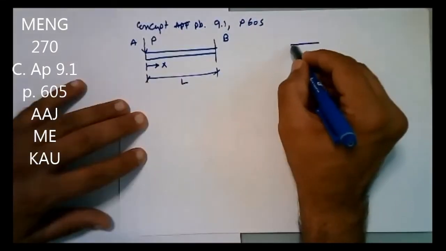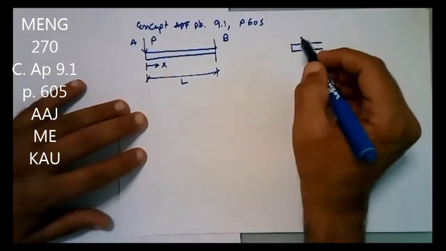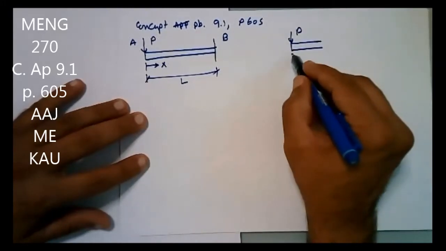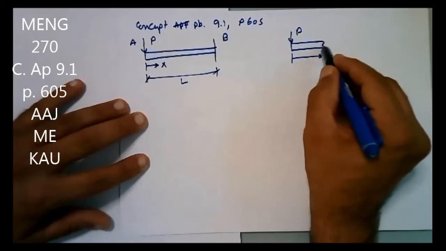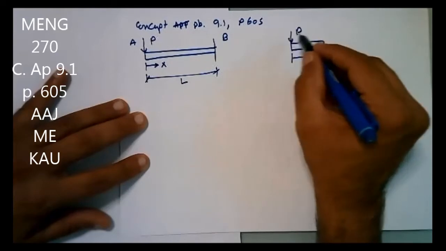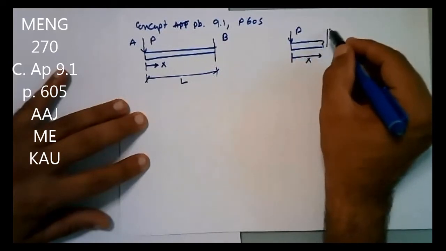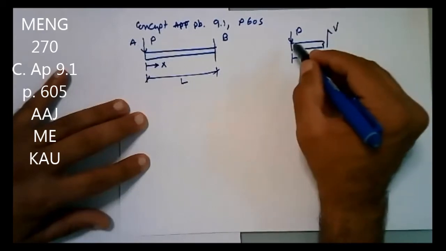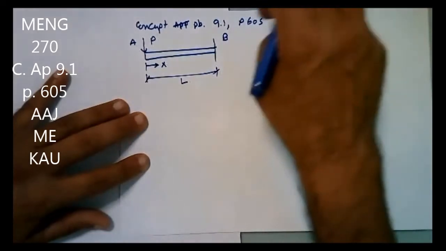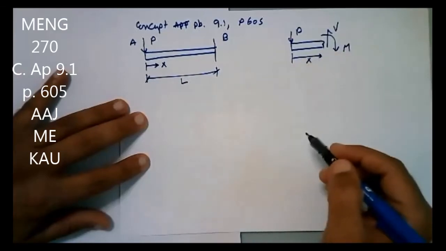So if we do some cut somewhere here, this is what we have. We have P, the applied load, and we have this distance X, so this is X. In order to keep this portion in equilibrium, we should have a load, let's call this load V, opposite to this, and of course now this will cause some moment, so we need another moment M to keep it in equilibrium.